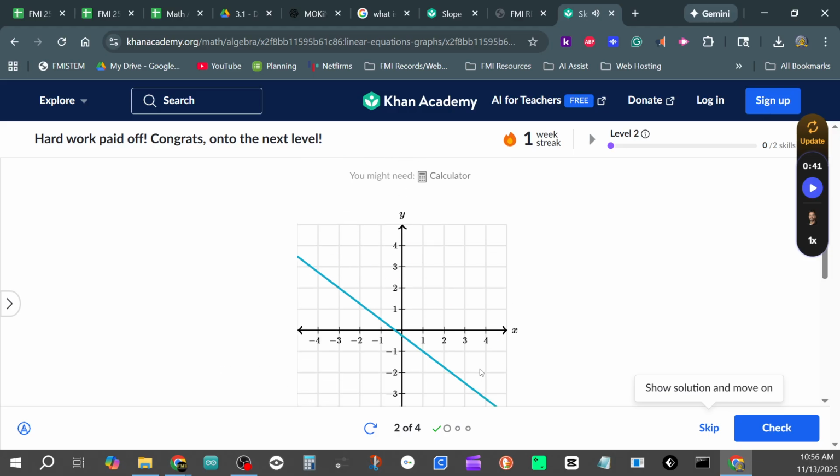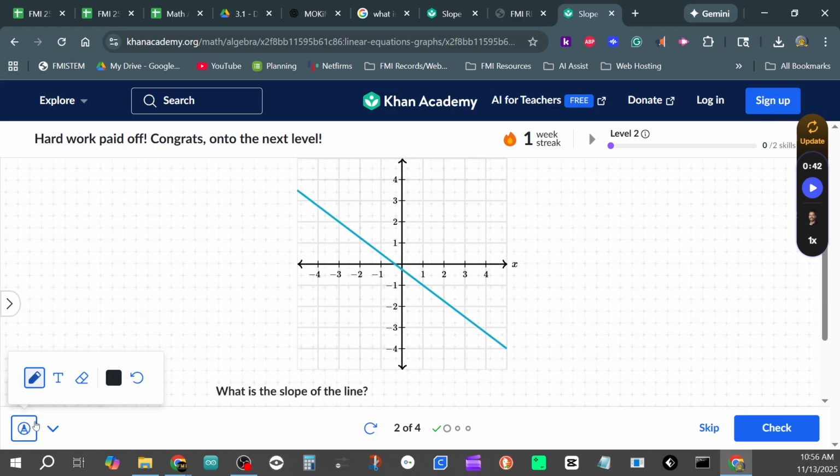And let's try one more. Okay, so let's find a couple vertices. I see one right there. There's a vertex there. Another vertex will be right there. So that's 2 vertices. So how do we get from the point on the left to the right? I have to go down about 3 times. So that's a -3. And then I have to go to the right 4 times, from here to here.